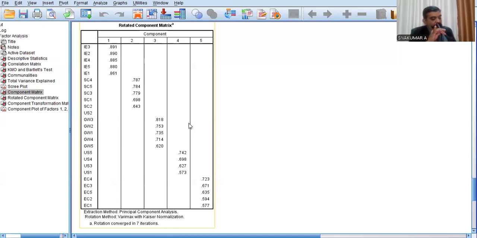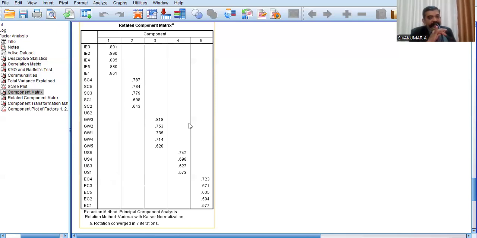Then GW3, GW2, GW1, GW4, GW5, global wars. Then US5, US4, US3, US1, all related with the US, policy of USA.